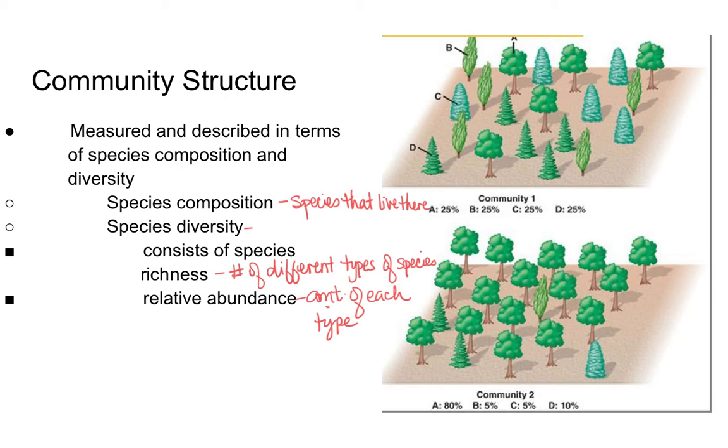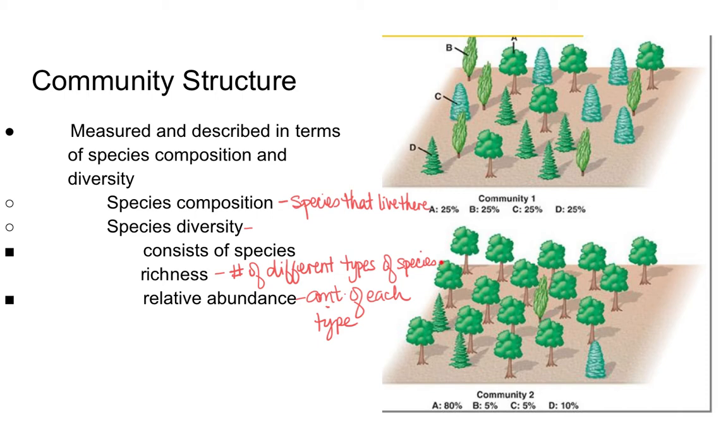These are a different, that's 3. And these are a different, so that's 4. So we can talk about having 4 different species of trees within this location that makes up our community. Now, when we look at the numbers, there are 4 species, and there's an even spread of those 4 species. So about 25% of that community's population is made up of species A, B, C, and D.